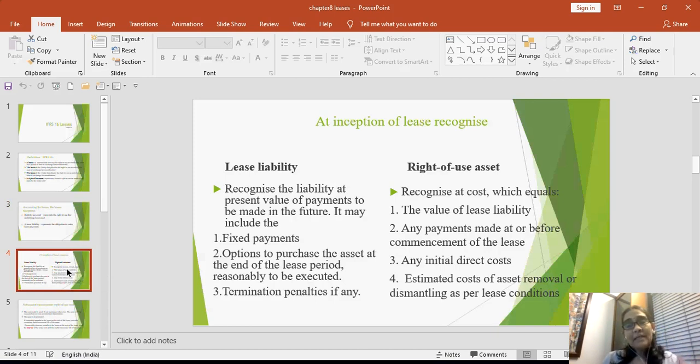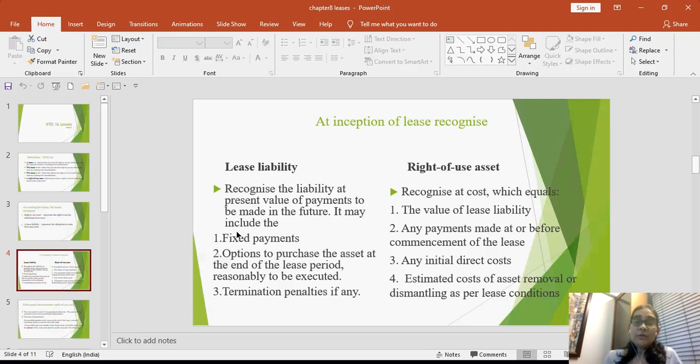The initial measurement for lease liability will include the present value of all the future payments that need to be made related to the lease. It may include the fixed payments that you need to make, the rentals. If there is any termination penalty, it would include that.